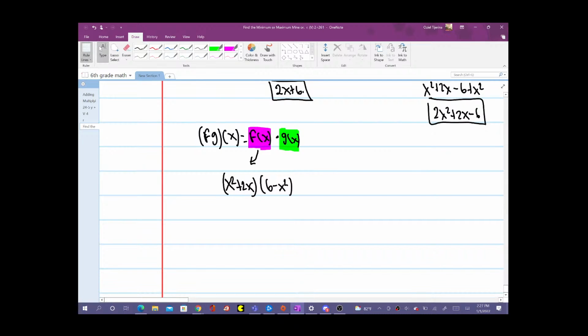So basically, you're going to do the FOIL method, so then you have 6x squared minus x to the 4th plus 12x minus 2x cubed. So it's going to be negative x to the 4th minus 2x cubed plus 6x squared plus 12x, right? So that is what you're going to get for fg of x.